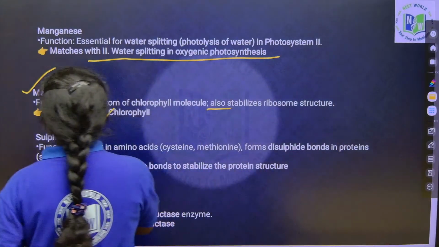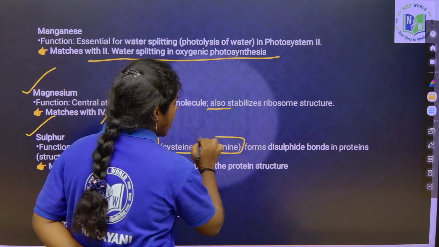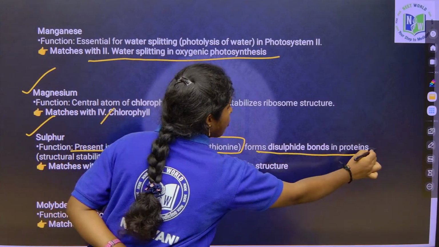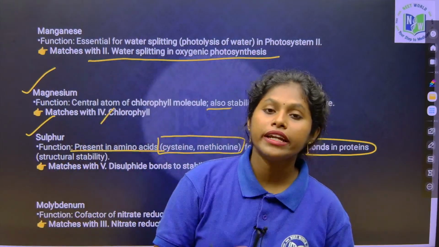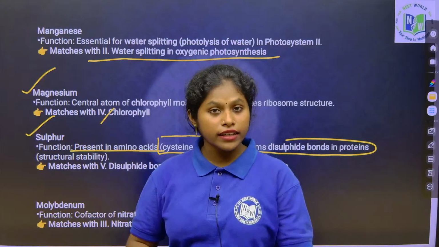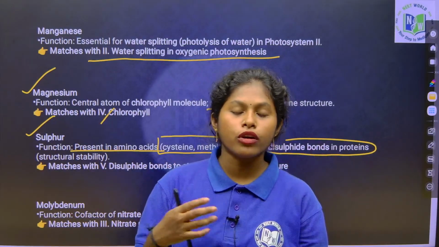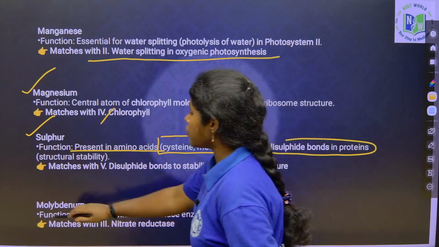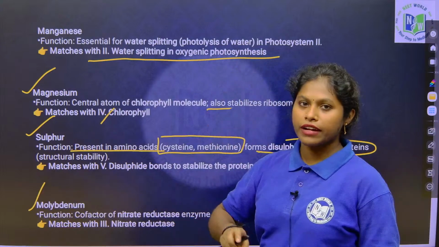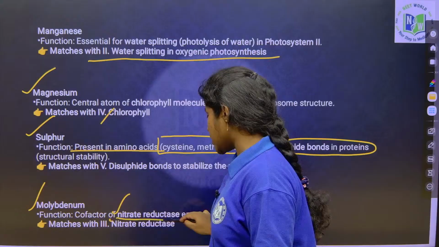And coming to sulfur, students, it is mainly present in amino acids like cysteine and methionine, and also forms disulfide bonds to stabilize the protein structure, and it is an important component of the vitamins biotin and thiamine, and also a main constituent of ferredoxin, right? Coming to molybdenum, it is a main component of the nitrogenase enzyme, and it is a cofactor for nitrate reductase.